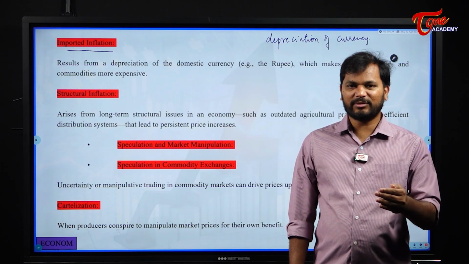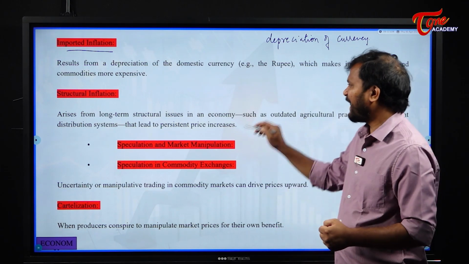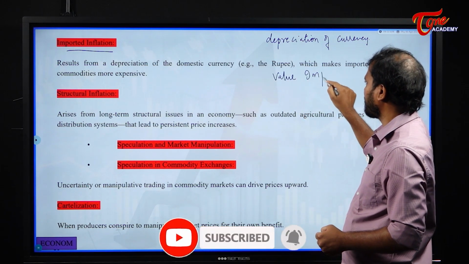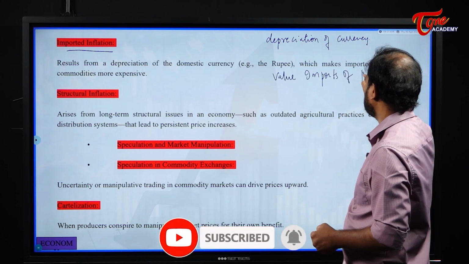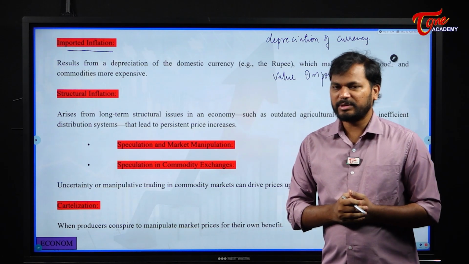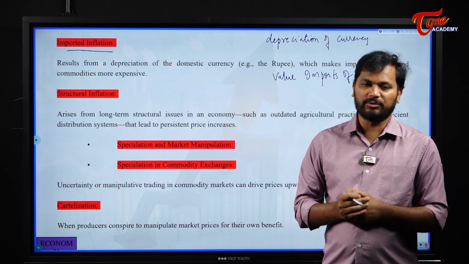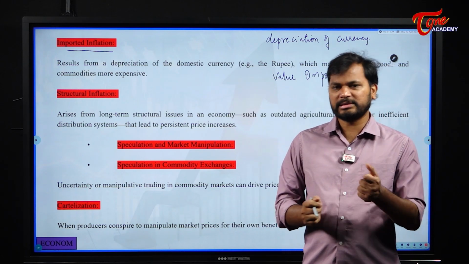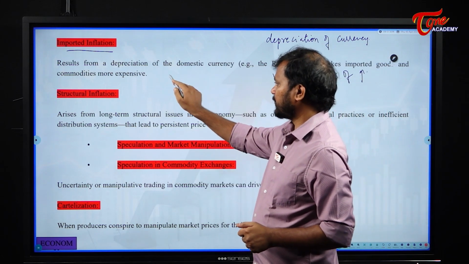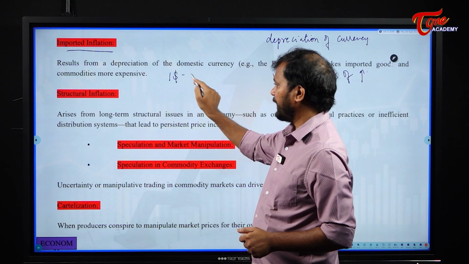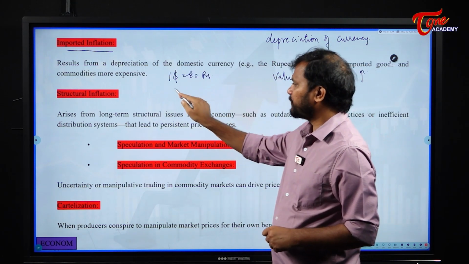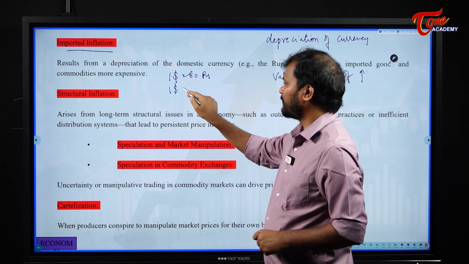As a consequence of the decreased currency, the cost of imports will increase. The imported goods and services become more expensive. So as a consequence of that, the domestic inflation might increase. For example, consider in normal times $1 is equal to 80 rupees. Okay, now because of the depreciation, $1 has become 100 rupees.